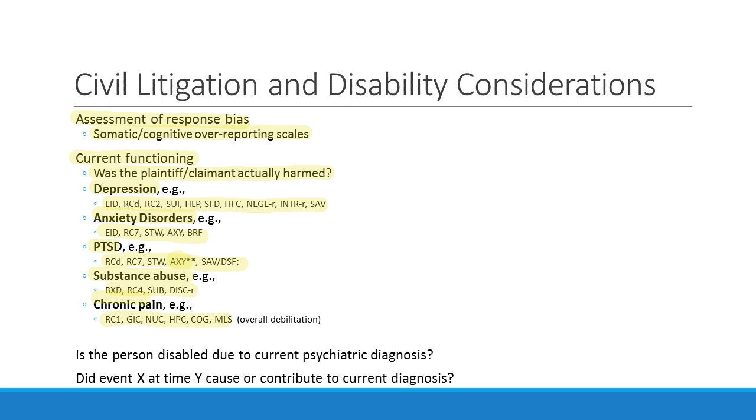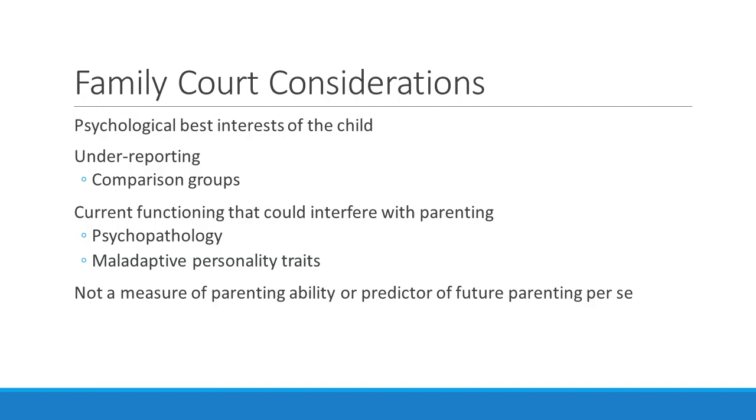Another thing that's often asked in these types of evaluations is, did event X at time Y cause or contribute to the current diagnosis, especially in personal injury or disability considerations? That is the key issue. Or is this already a pre-existing condition? The MMPI-2-RF, of course, cannot answer that at all, can only tell you whether or not their symptoms are currently present. But with respect to the causal factors of these symptoms, we really need to look at external sources.